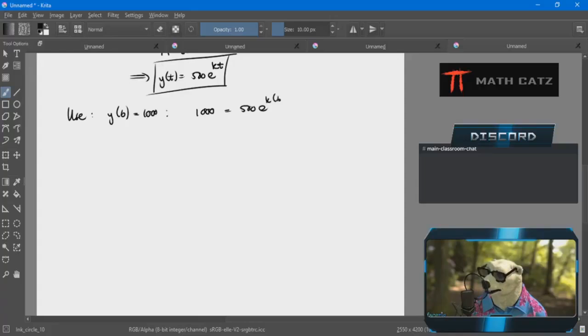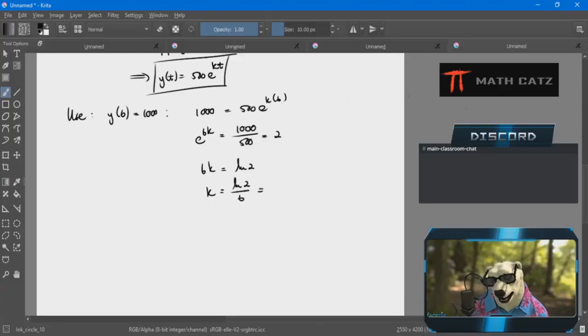Plug in 6 for t. And e to the 6k equals 1,000 over 500, or in this case 2. So 6k equals natural log of 2, and k equals natural log of 2 over 6. Let's see what that is.